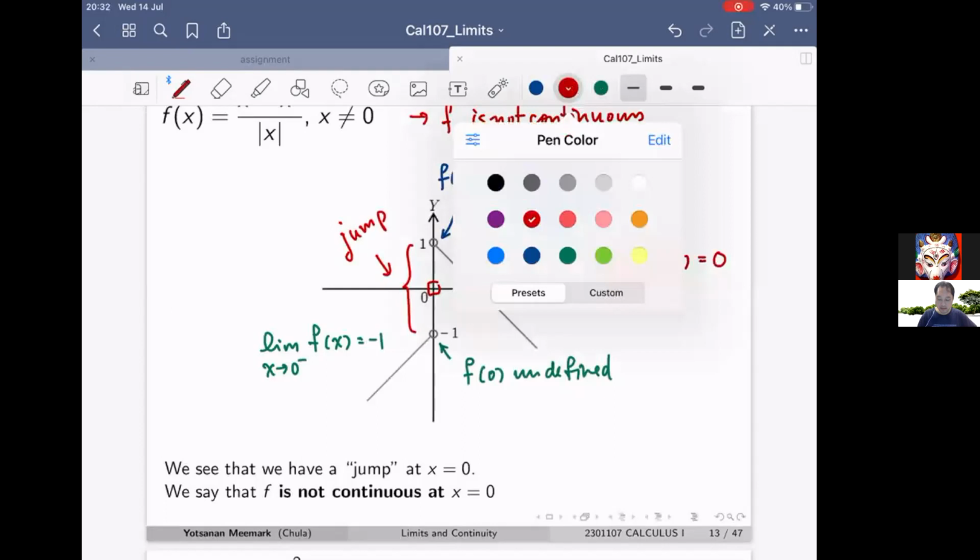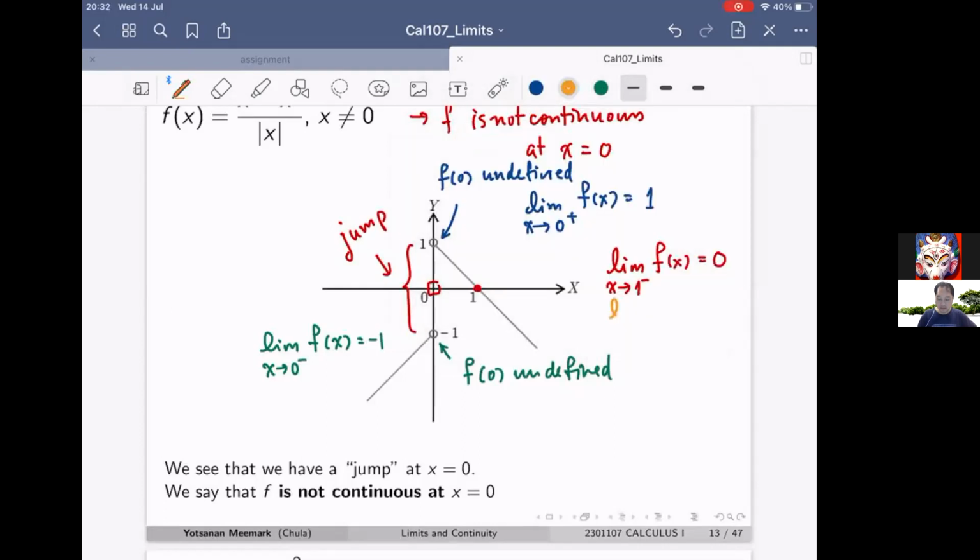On the other hand, if you look at x going to 1 from the right, your function takes place there, and then it gets bigger and bigger, but it approaches what? It approaches 0. So this one also equals 0.